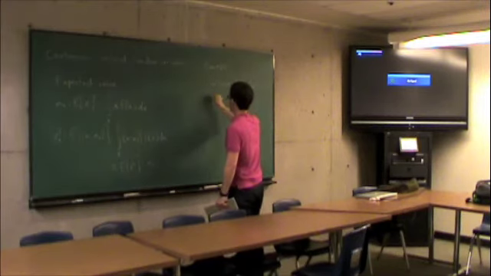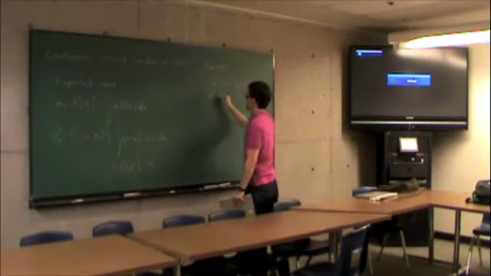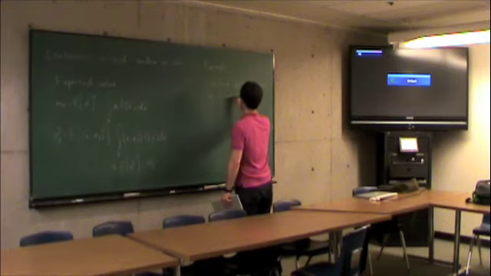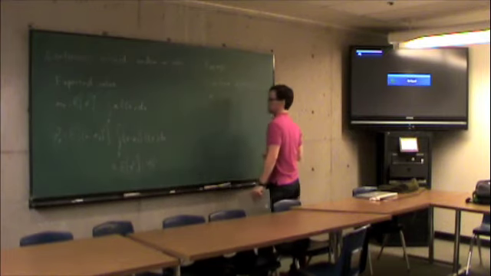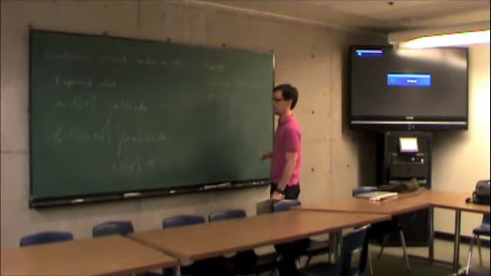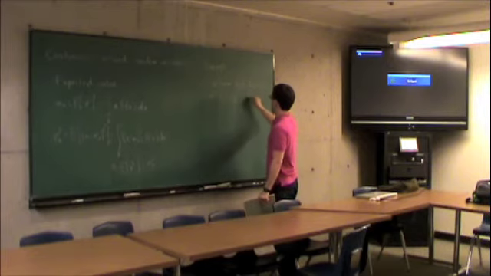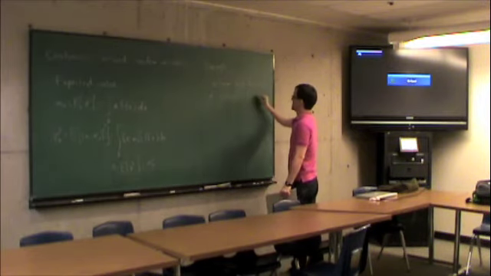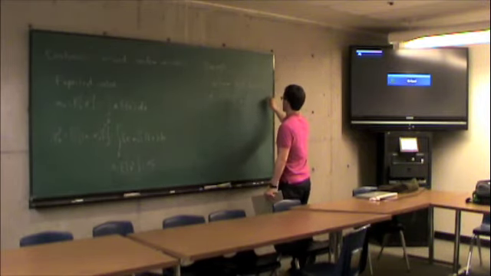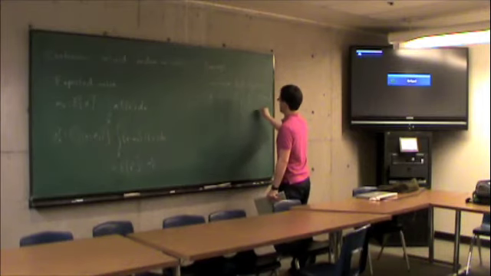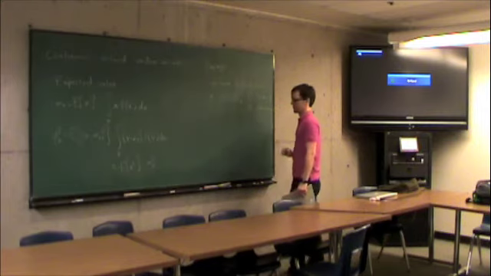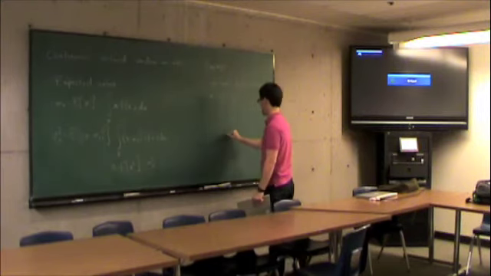So x is a random variable, and f of x is equal to 1 if 0 is less than or equal to x is less than or equal to 1, and 0 otherwise. So this is what the PDF looks like.